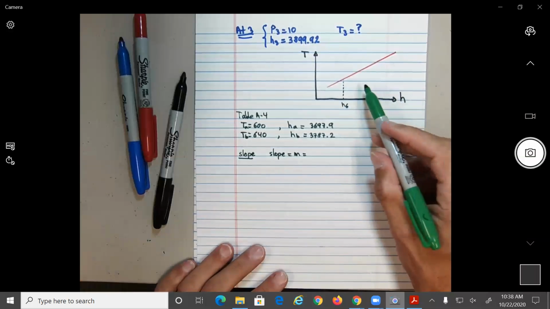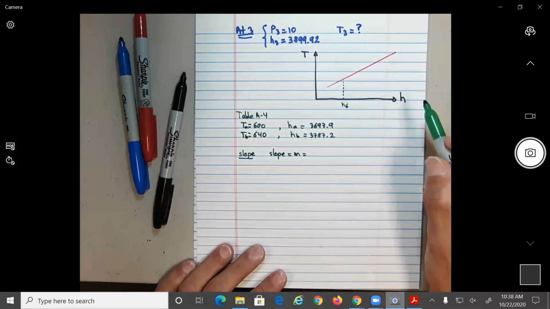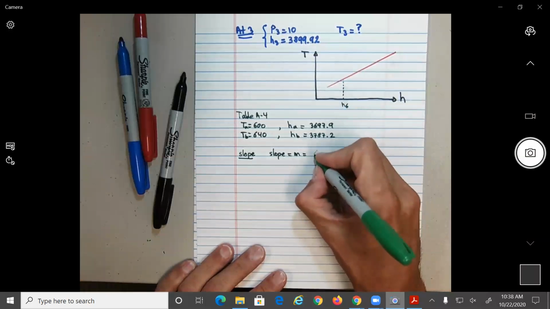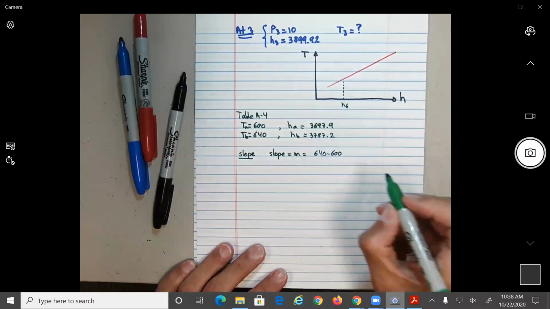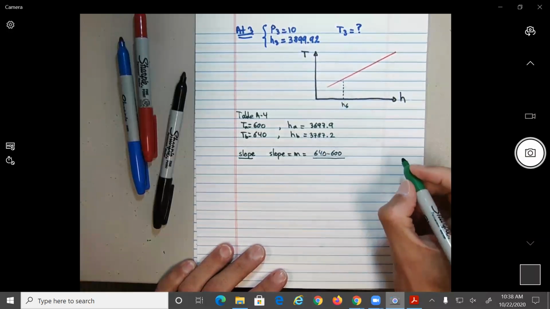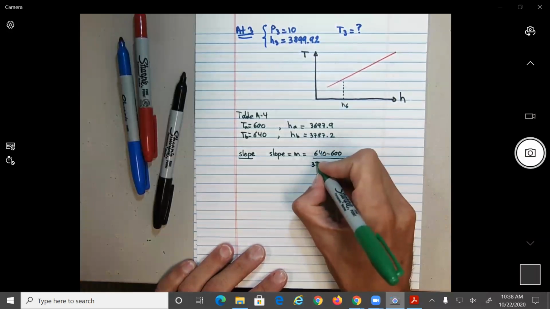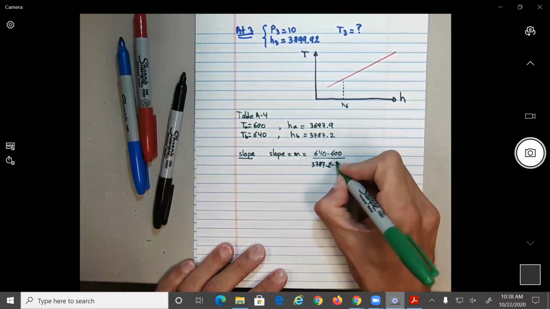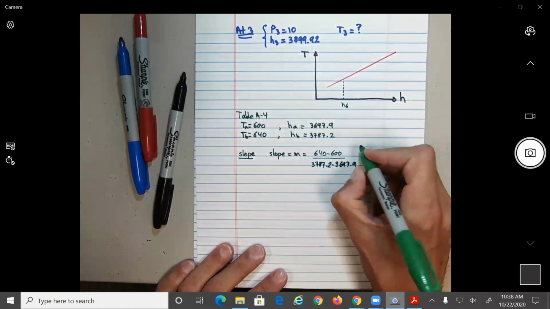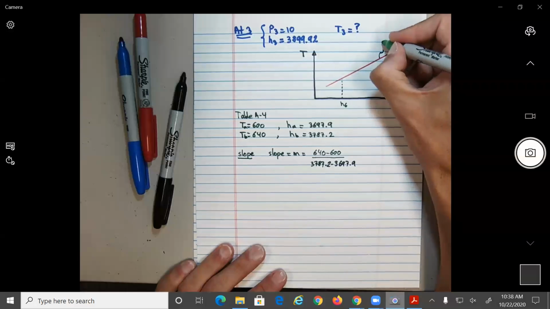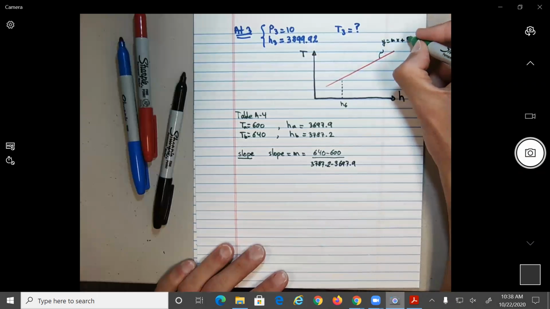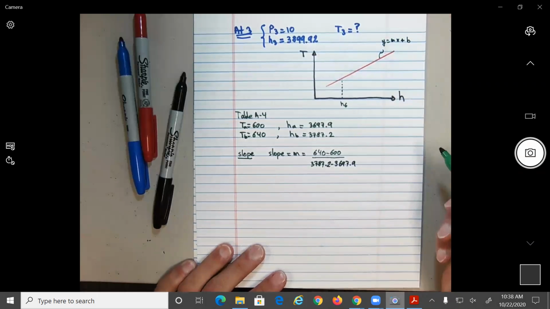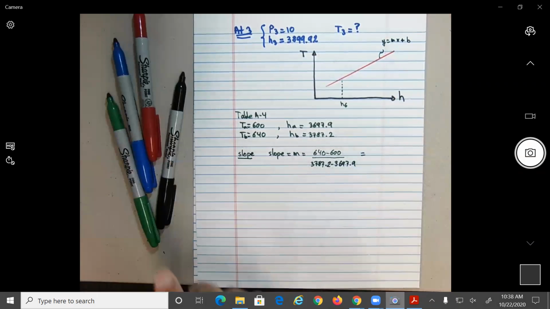It is positive, so it will be 640 minus 600, divided by 3,787.2 minus 3,697.9. The equation of this line is of the form y equals mx plus b. I'm just trying to find the slope here. What do you get for the slope? I'll give you some time, so hold on, let me pause.